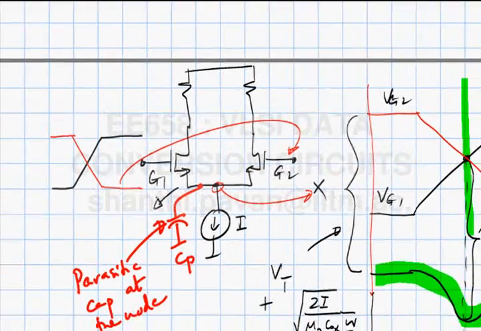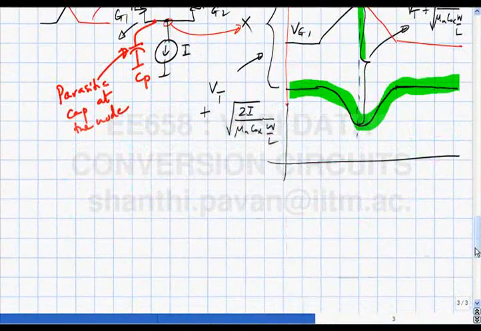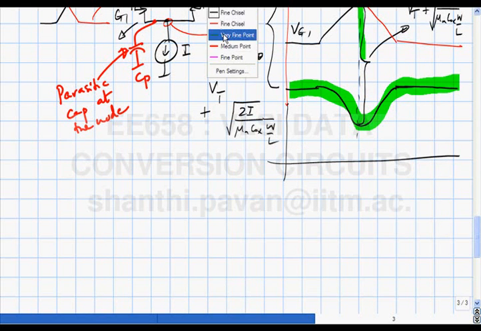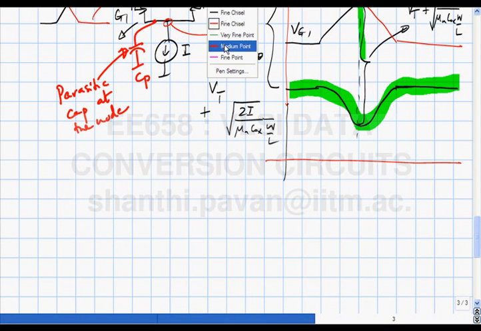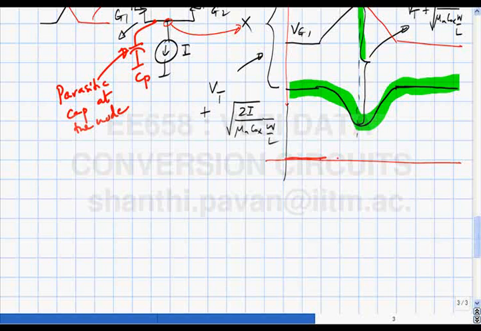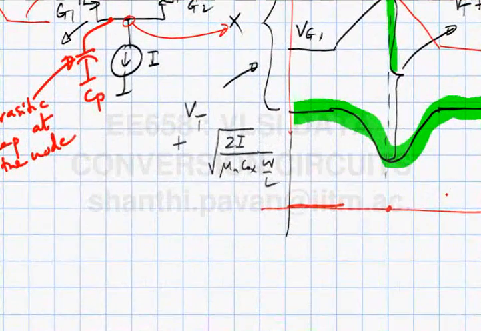So what is that current? How does it look? It is 0 here, then it goes negative, it goes to 0 here, and back to 0 here.